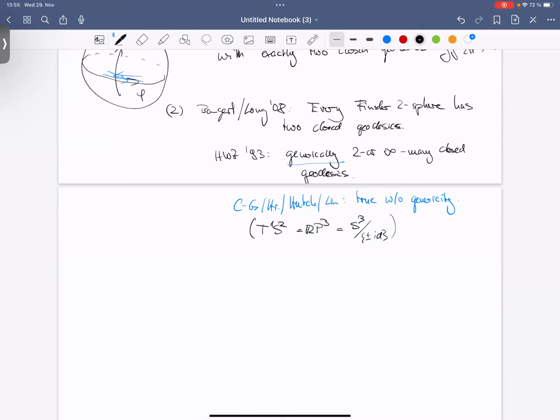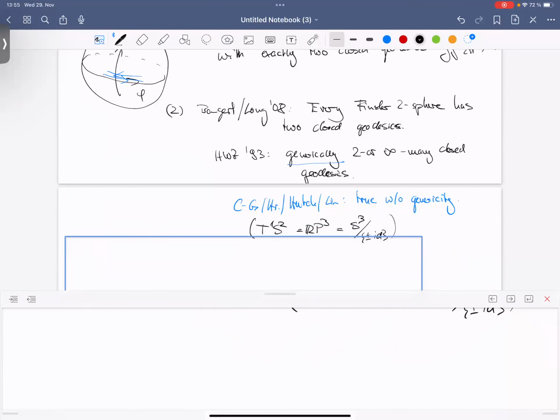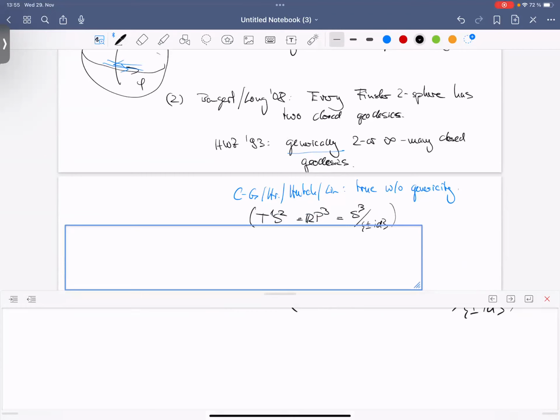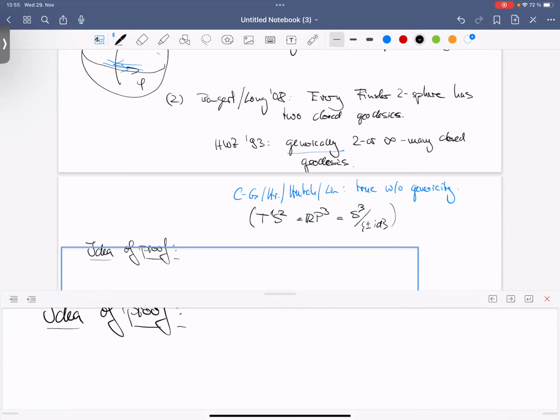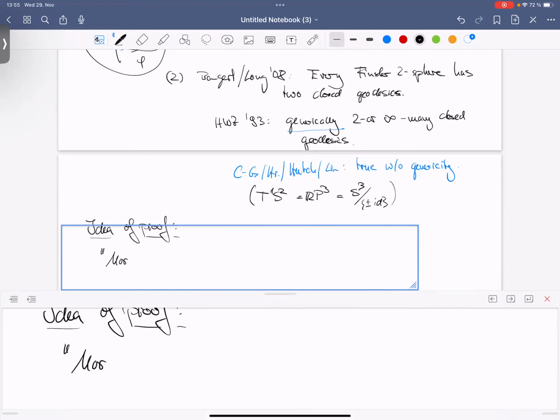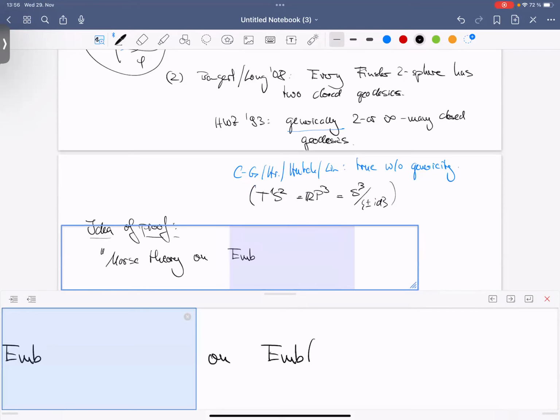So what's actually the idea? I talked about that as sort of the very classical idea of proof. Very classical Morse theory, not quite though, but let me put it this way. The motto is Morse theory on the space of embeddings.